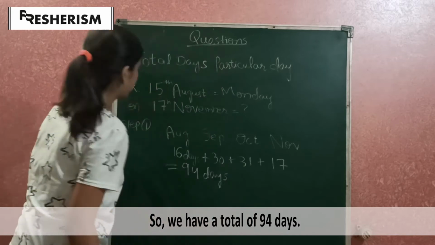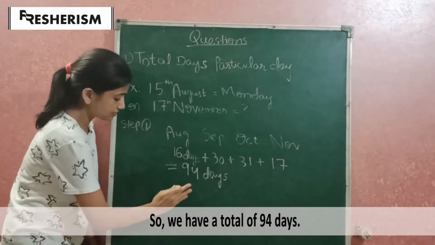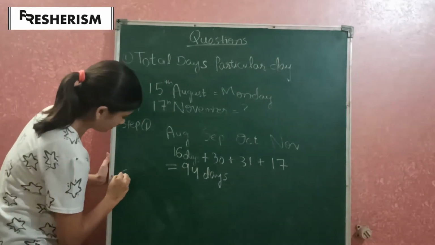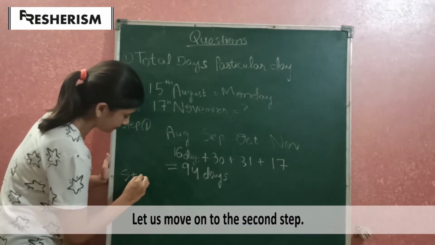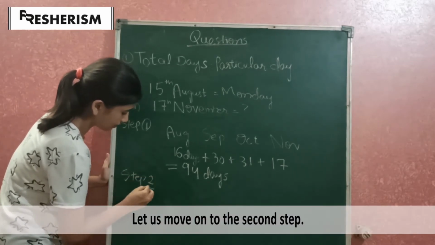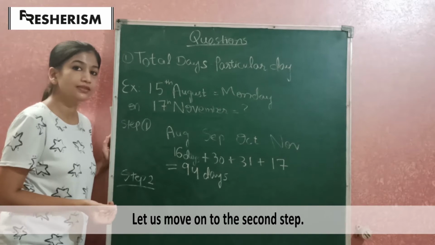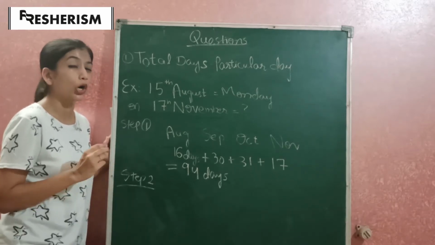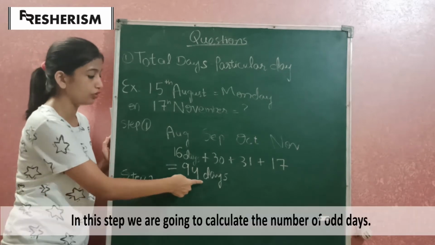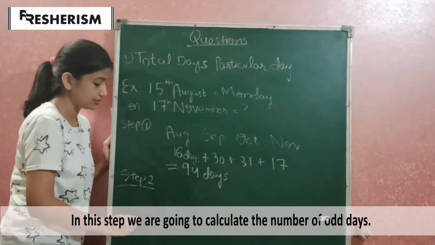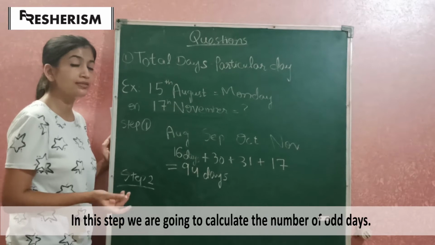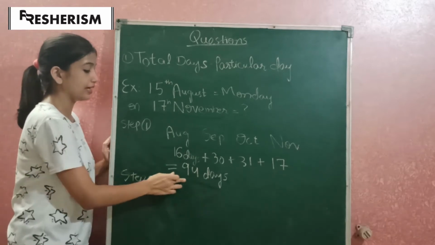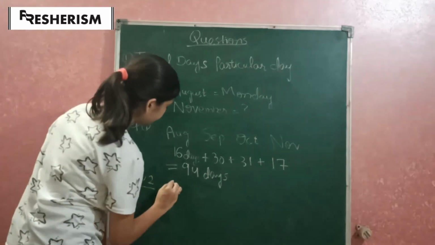Now we'll come to step 2, which is to find the odd days. We have already gone through the odd days concept. So we have to find the number of odd days in this. How to find the number of odd days? Simply divide the days by 7.